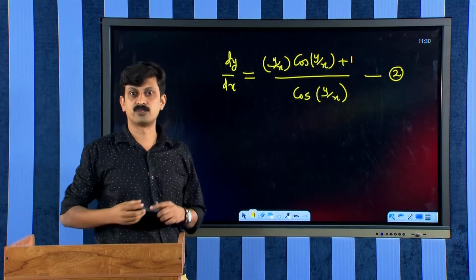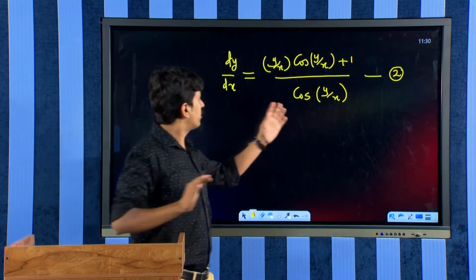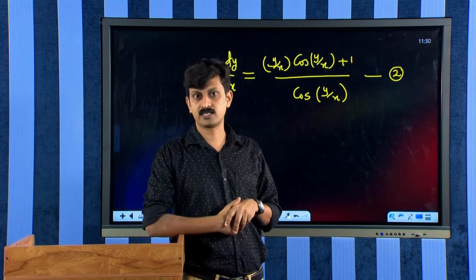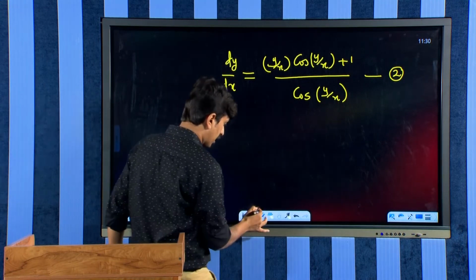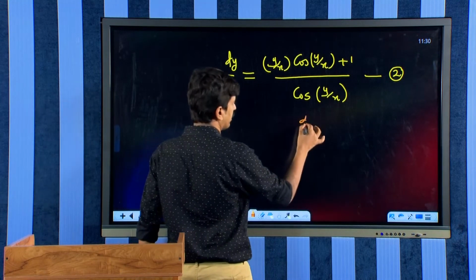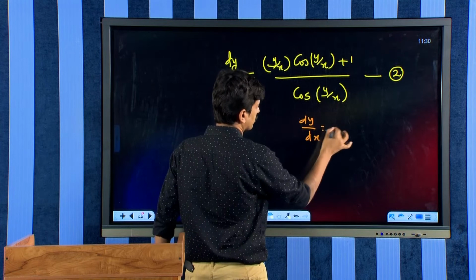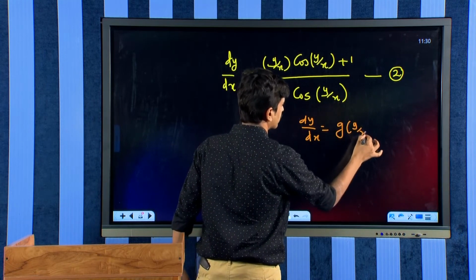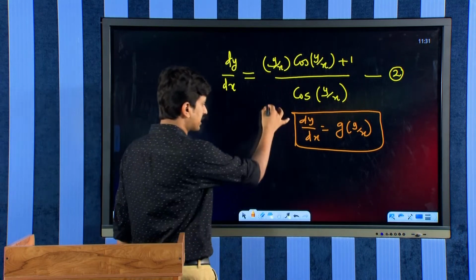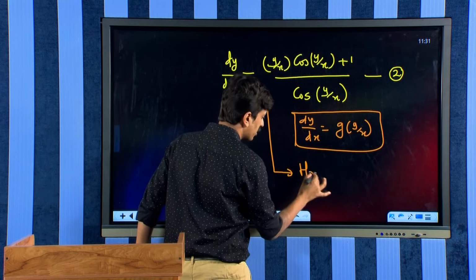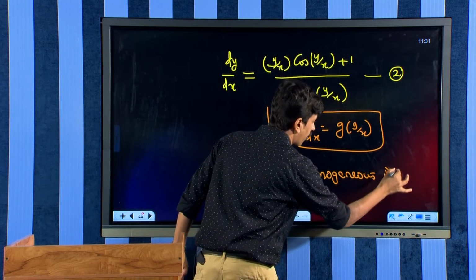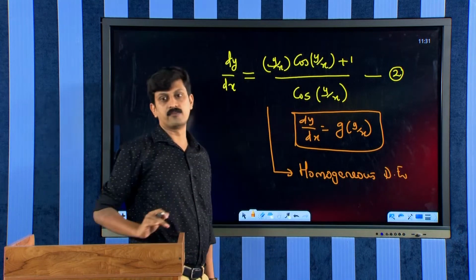Seeing equation number 2, we understood that dy by dx is equal to some expression in y by x. Therefore this is of the form dy by dx is equal to g of y by x. This is the form of a homogeneous equation, so we can say that the given differential equation is a homogeneous first order differential equation.